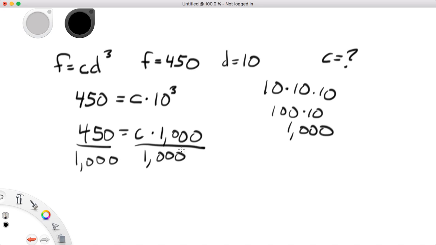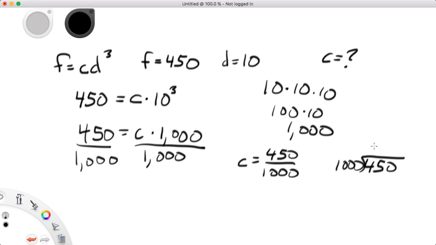Well, 10 to the third power is 10 times 10 times 10. 10 times 10 is 100. 100 times 10 is 1,000. So I've got 450 is equal to C times 1,000.